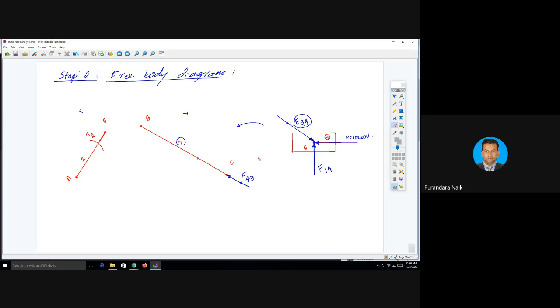Now what is the direction? Direction same as the direction of F34. F34 direction is BC, and F43 is also parallel to link number 3, along the direction of BC, it is a straight line.